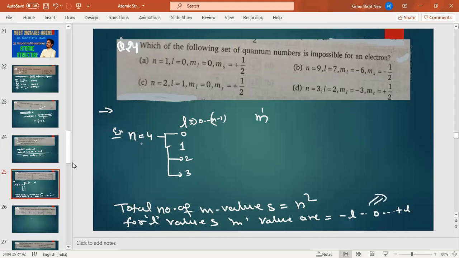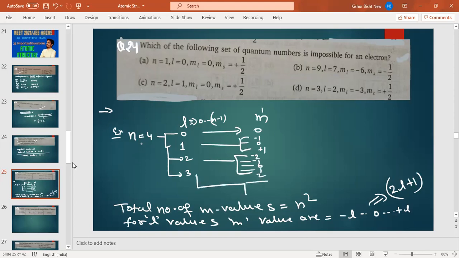Either you can say that total number is 2l plus 1. Okay, anything you can do. Here, if I am going for 0, this is 0. For 1, three values: minus 1, 0, plus 1. And for 2, same thing: minus 2, minus 1, 0, 1, 2. Same thing here, for 3: minus 3 to 0, minus 2, and then plus 3, till plus 3.